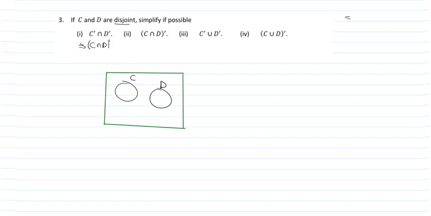A intersection A will give you A. Again A union A will give you A. Master these rules, okay? Then A union A complement will be just what? The universal.